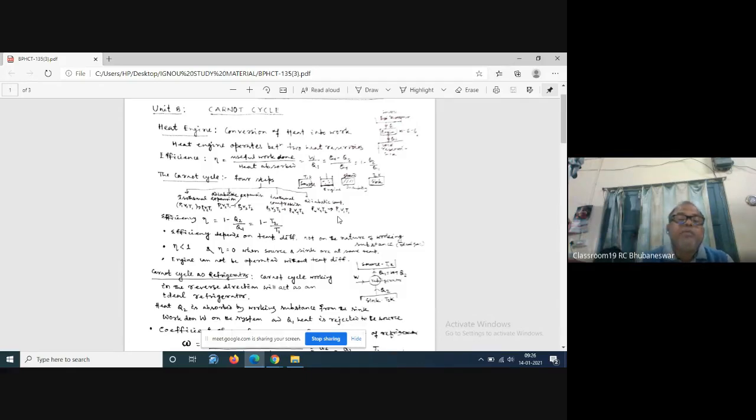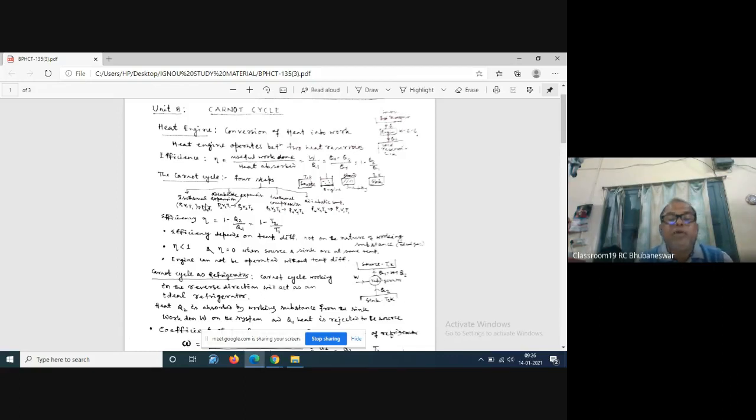After so many steps, the working substance comes back to its initial state. Its initial state was P1, V1, T1. Now after completion of 4 steps, the working substance or gas is at pressure P1, V1, T1. So in this reversible cycle, in every case we will find the work done.